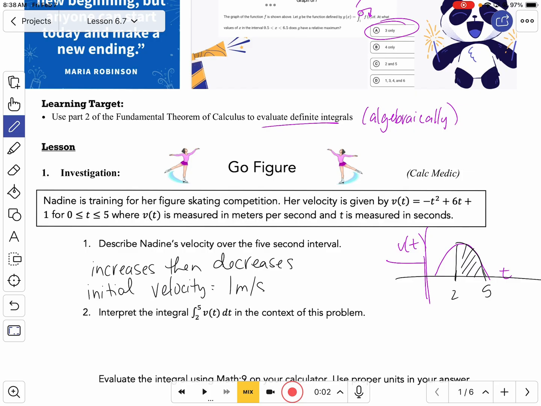It's our accumulation function. It's the meters or the distance accumulated between 2 and 5 seconds.